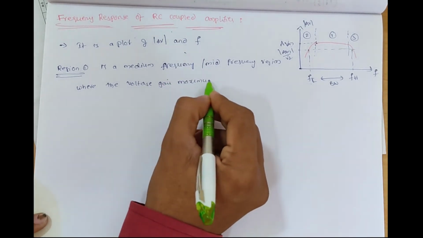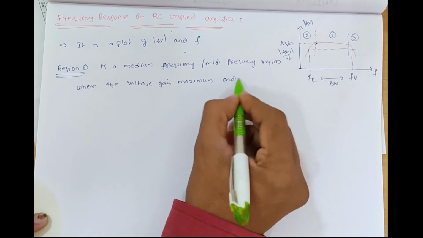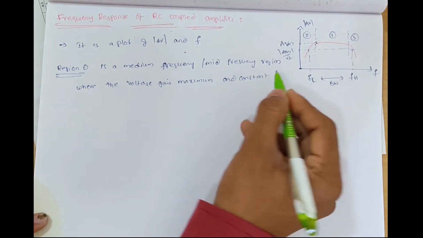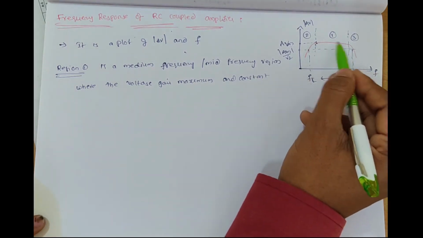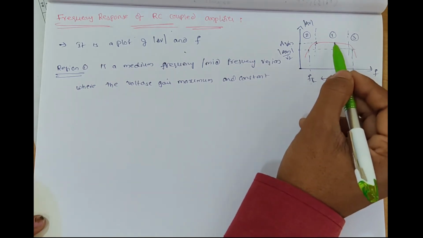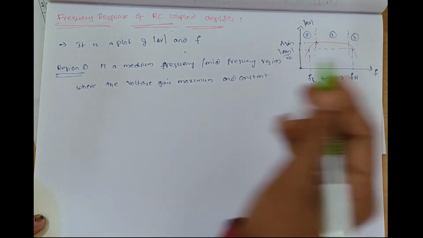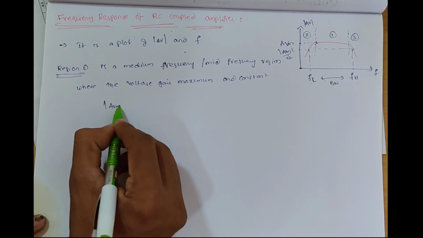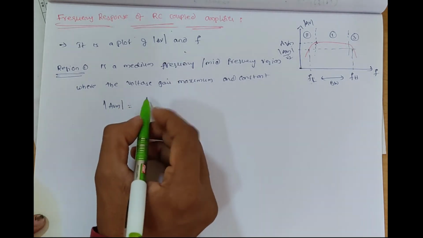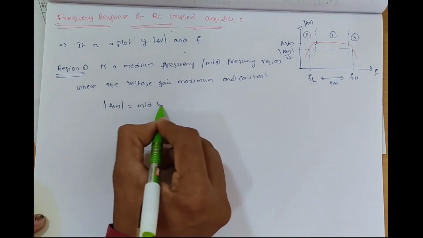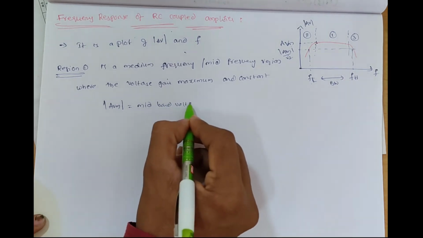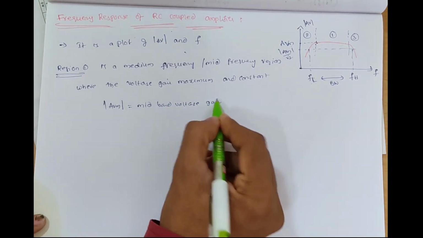You can observe that the voltage gain is constant and this value is the maximum. So we can say mod of AVM is the midband voltage gain.